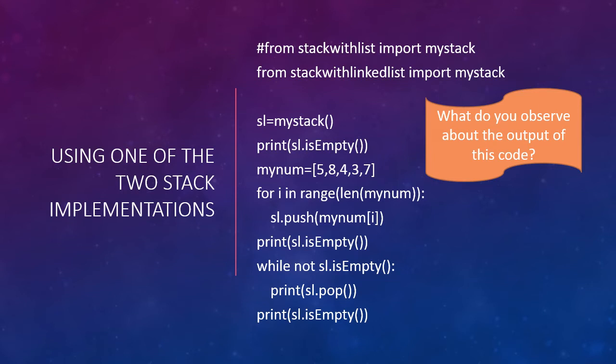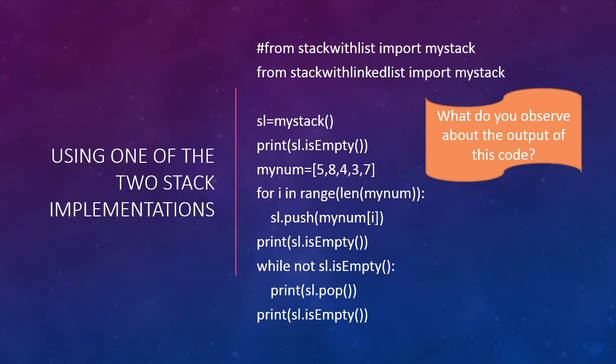So then I initialize an object of my class and I call it SL, and then I print SL.isEmpty. Right now the stack is empty, so true will be printed.